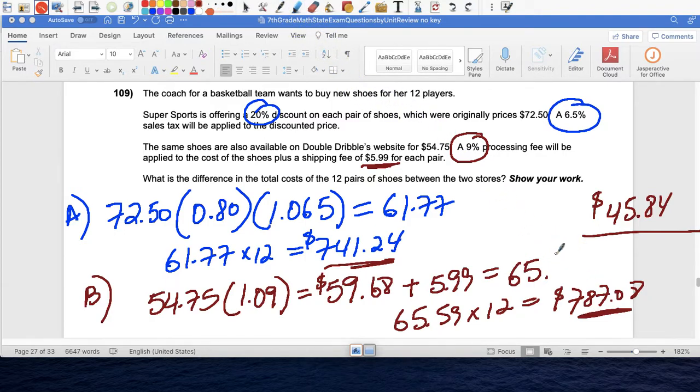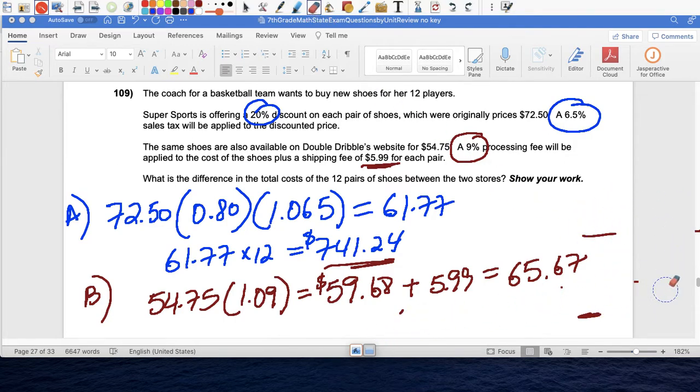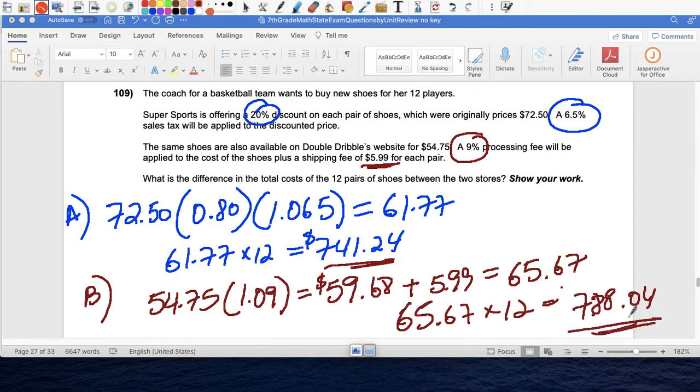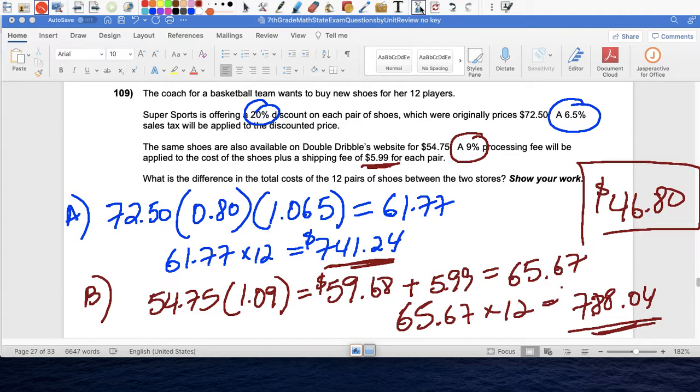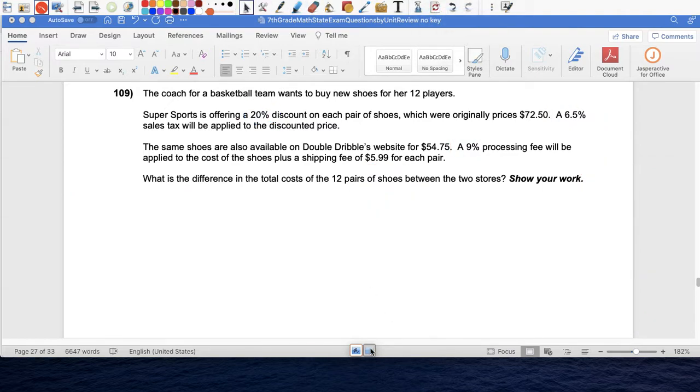It's 65.67, that's the final price. So 65.67 times 12 gives us 788.04, which now we can subtract from 741.24. That gives us a difference in value of $46.80. So that's the final answer.